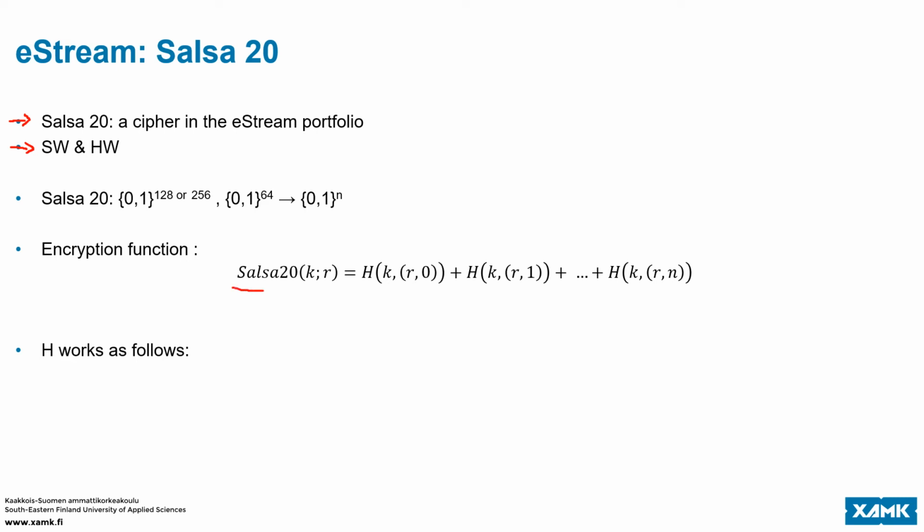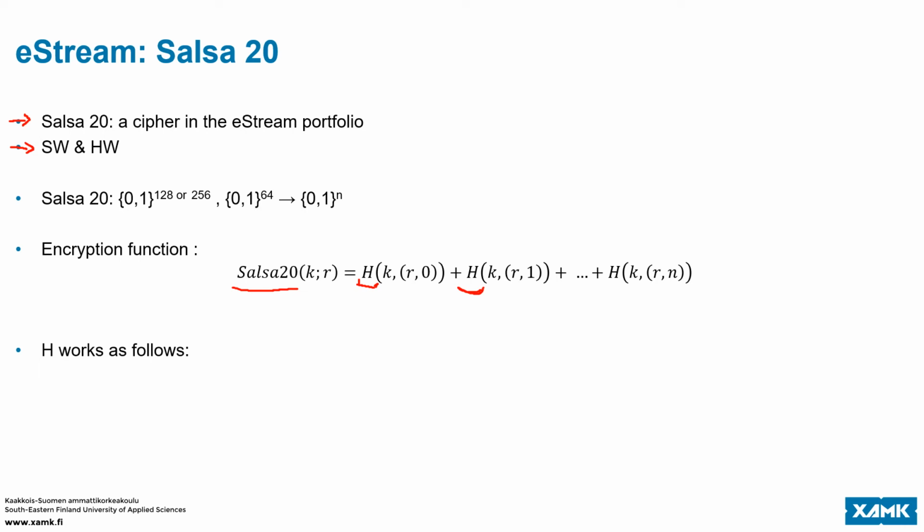The encryption function Salsa 20 generates a long pseudo-random bit stream, as long as it is necessary, by using a function that's denoted here using h. As you can see, h appears many times. We can use this function h many times to encrypt all of our individual pieces of data, and we can keep using it until all of our data is encrypted.